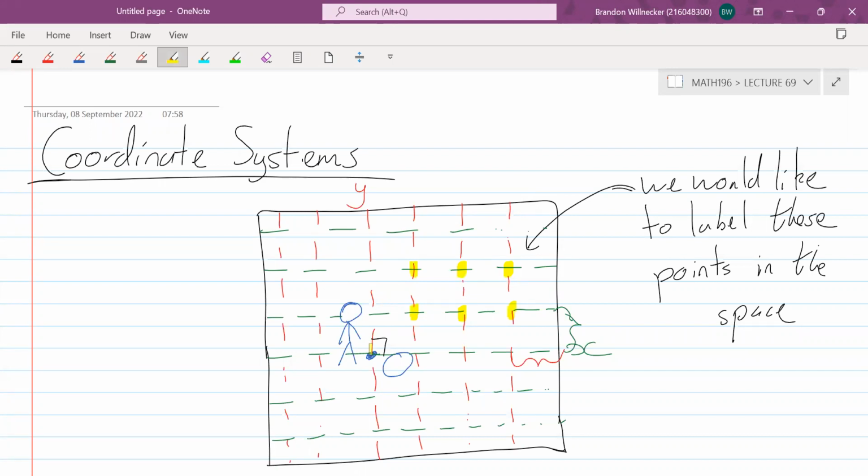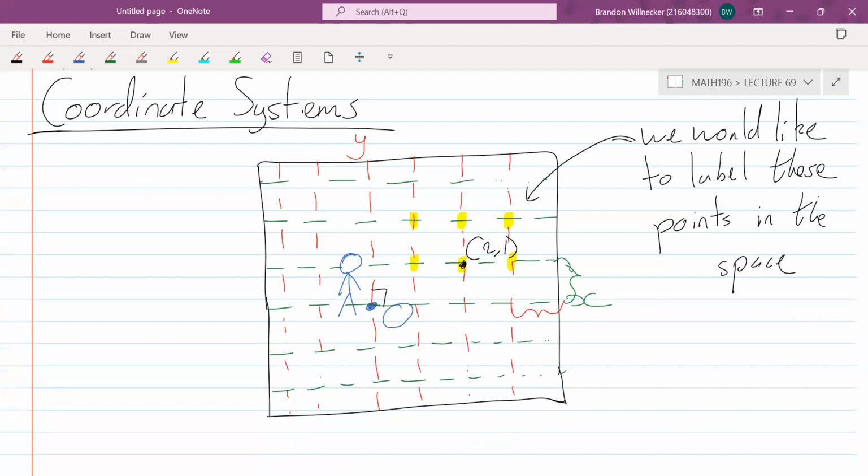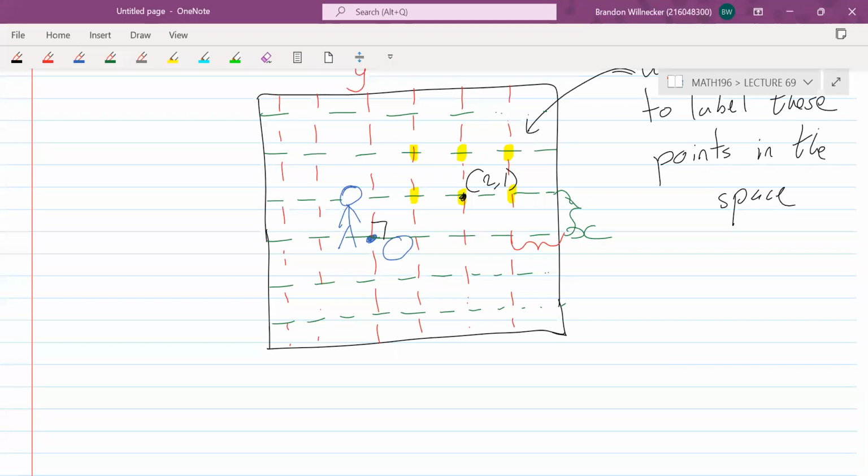So from the origin, if we count 2 lengths to the right, 1 unit up, we call this point 2, 1. That's the label that we give to that point. It's the distance we moved horizontally, the distance we moved vertically. Those 2 numbers, we call the coordinates, and that labels the point. So this is a Cartesian kind of system, but we don't need to use Cartesian. We could use something else.